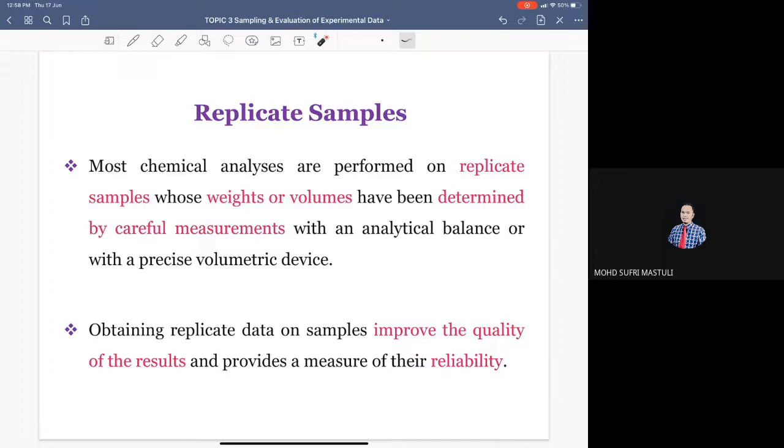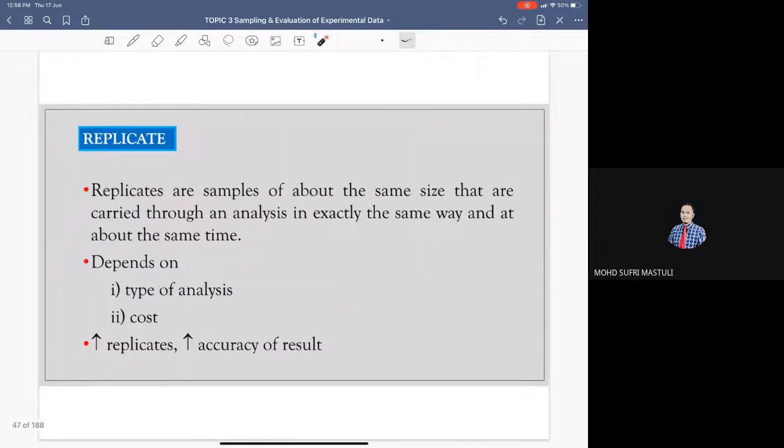Obtaining replicates of a sample will improve the quality of the result and provide reliability of the data. So this is the purpose of sample replication, in order to get a better result.